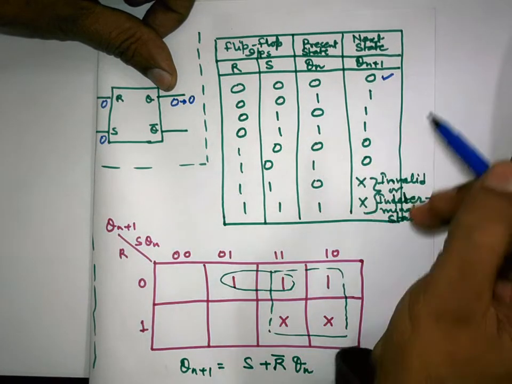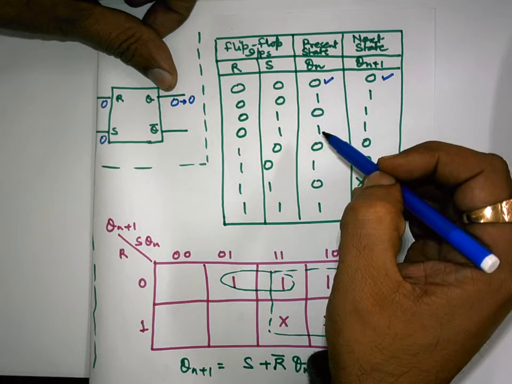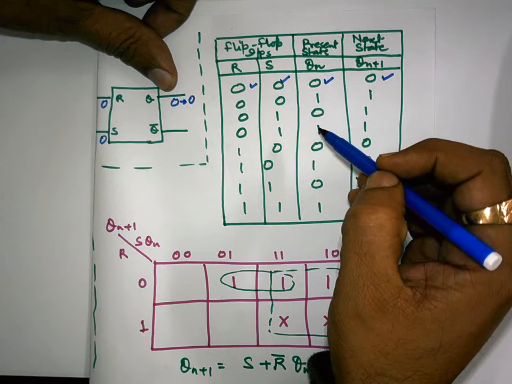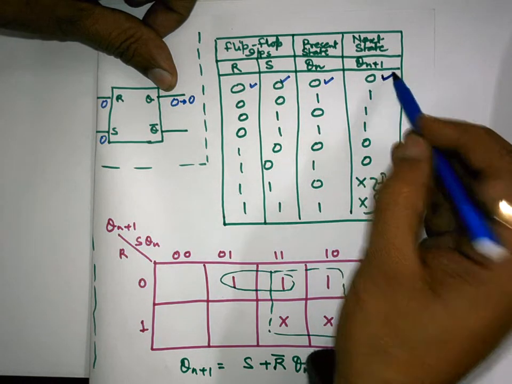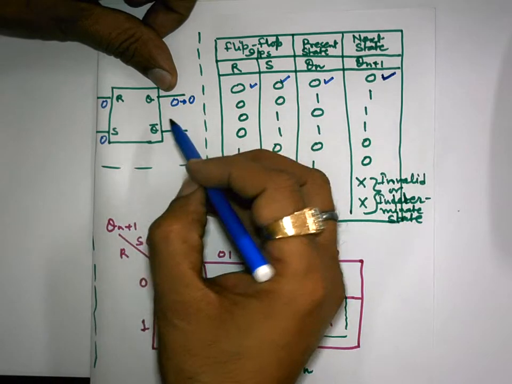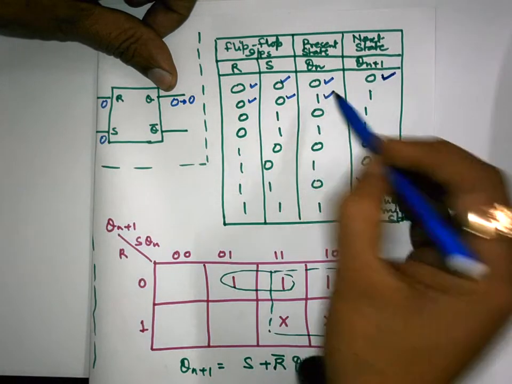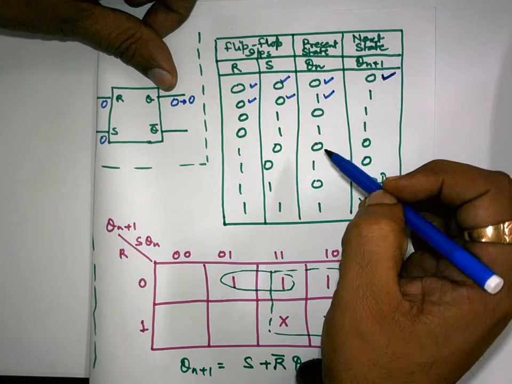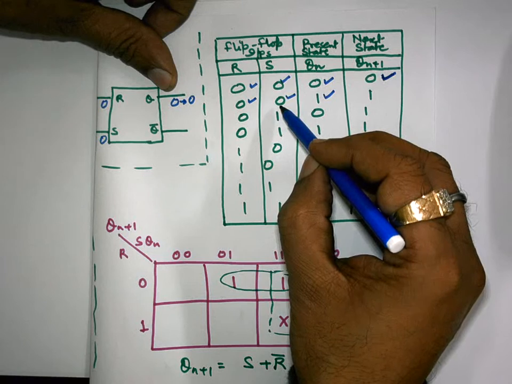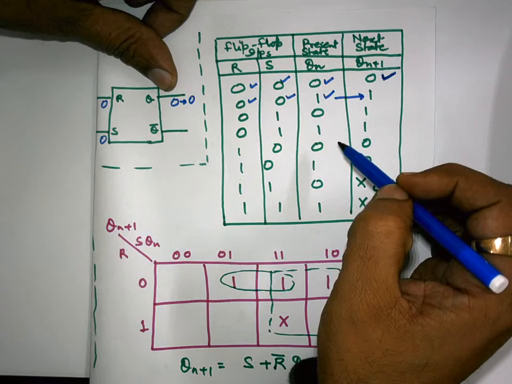And this is what is written in this table. The circuit is presently in this state. We are applying 0 0 at the inputs S and R. The circuit will remain in the same state 0. Now suppose the input is 0 0 and the present state of the circuit is 1. We are giving the input situation not to change the output, so output will not change. This means it will remain 1.